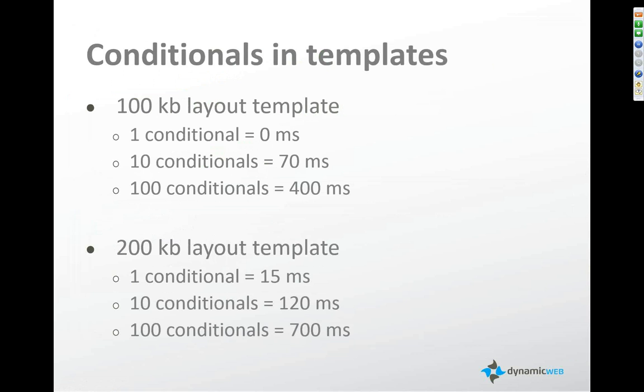So it can be an issue to combine a lot of conditionals with large layout templates. It would be better to put them into separate layout templates and use fewer conditionals, and then use some other rulings in the system to handle what kind of information is needed to render and so on. And I think we have some questions.